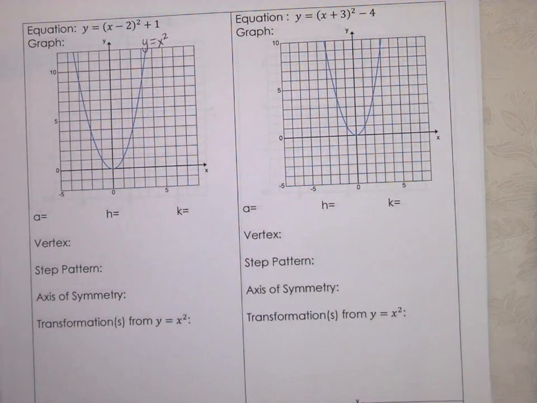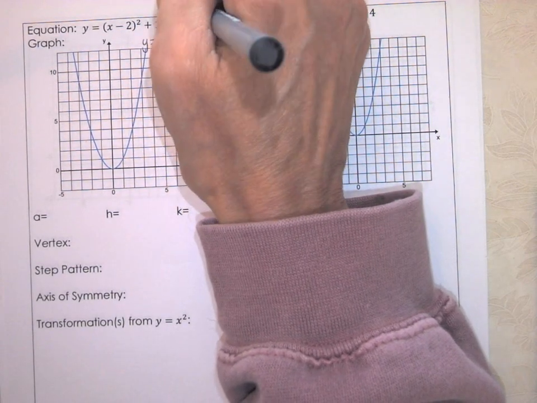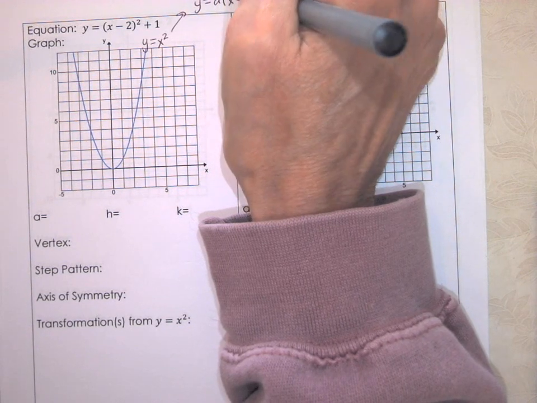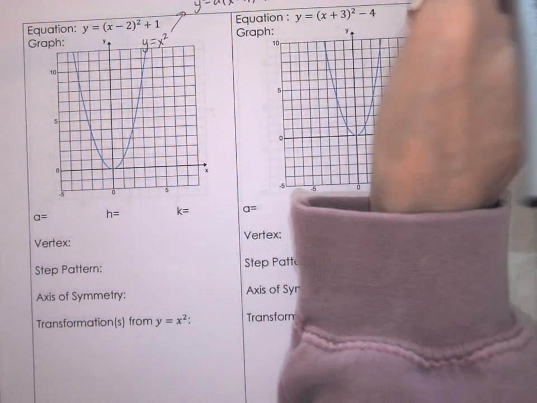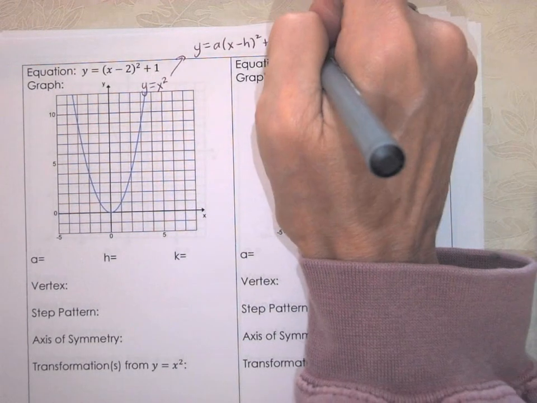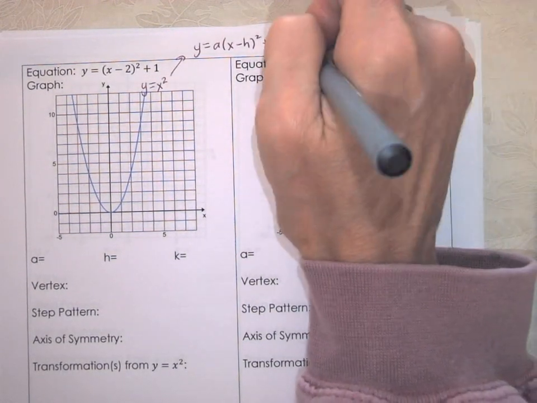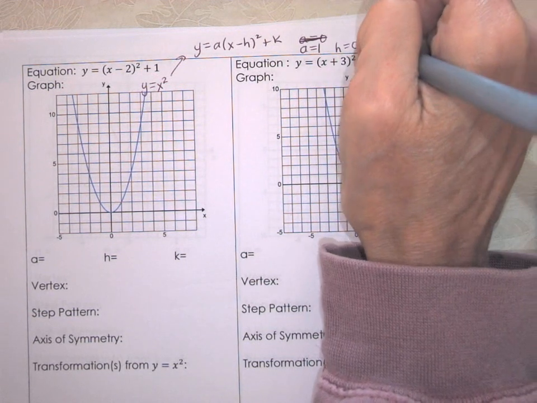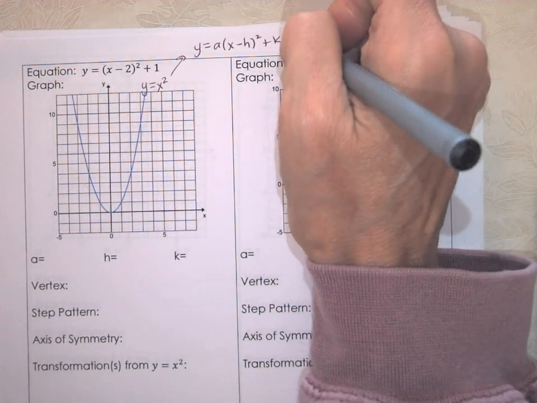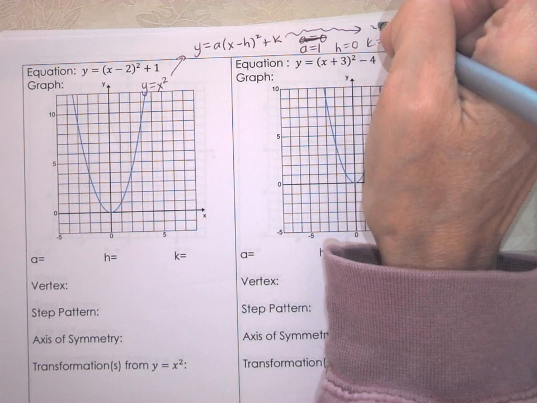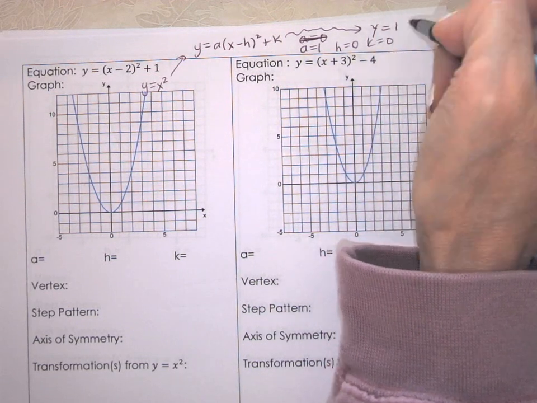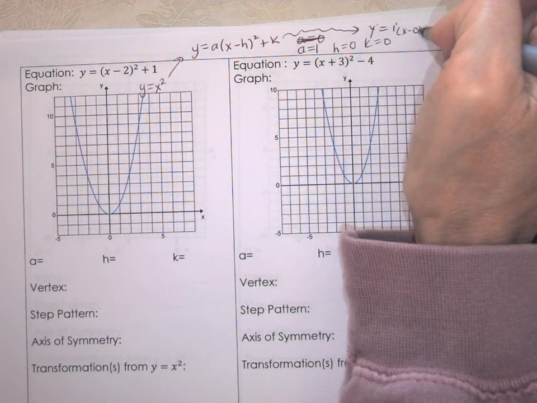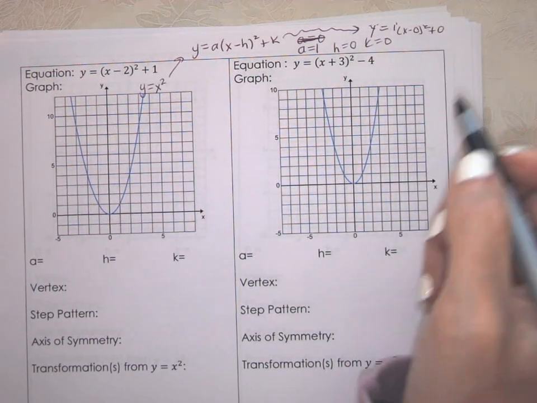If we wanted to see how it would look in vertex form, if A is 1 and H is 0 and K is 0, then this equation becomes y equals 1 times x minus 0 squared plus 0.